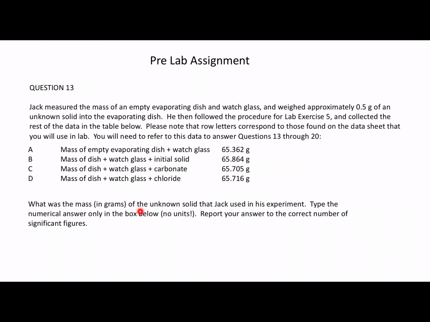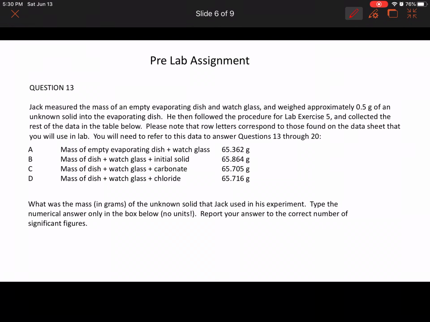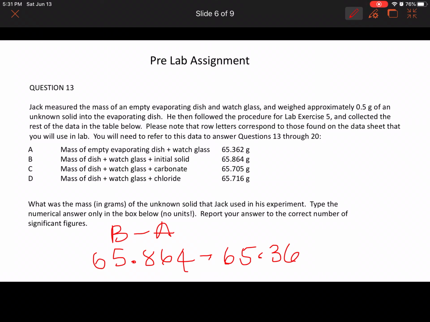What was the mass in grams of the unknown solid that Jack used in his experiment? Type the numerical answer only. Report your answer to the correct number of significant figures. So how do we find the mass of the unknown solid? That's going to be B minus A, right? B is 65.864 minus 65.362, and make sure to use the proper significant figures.